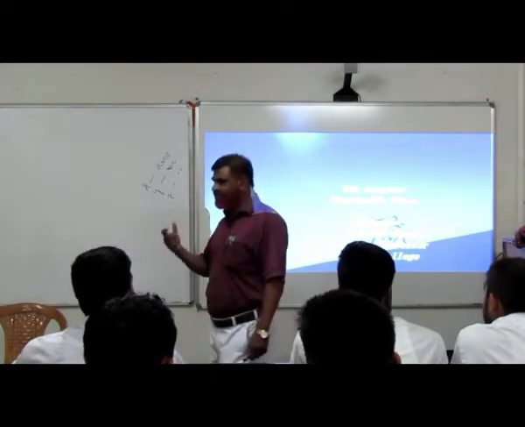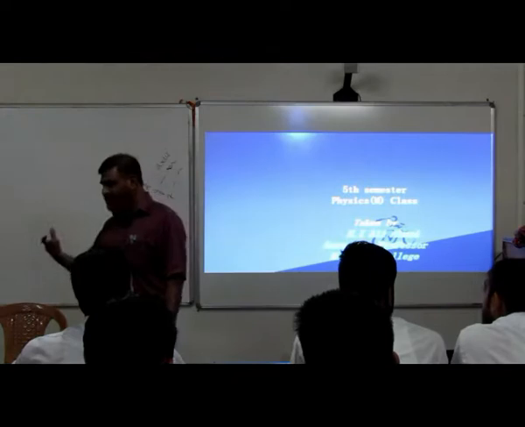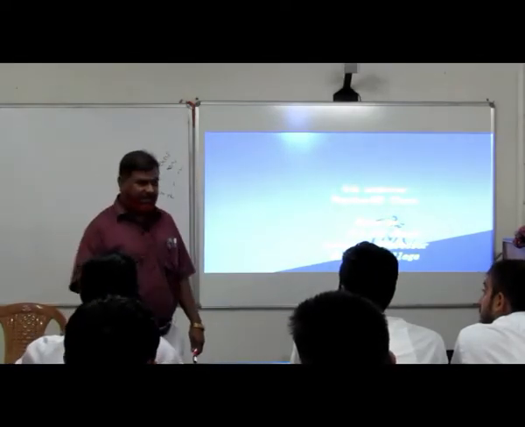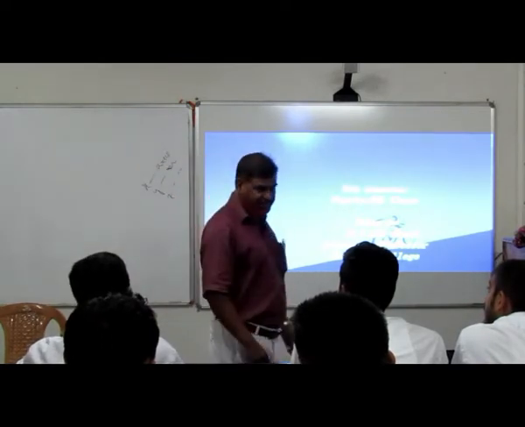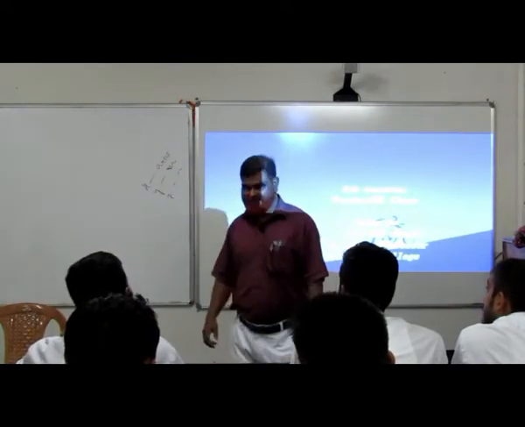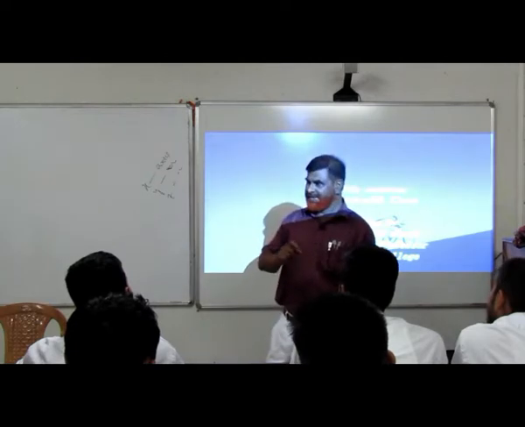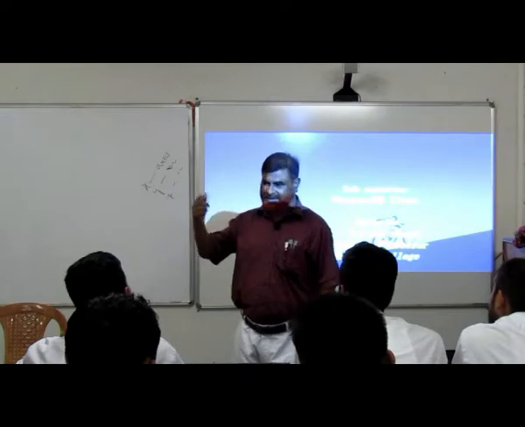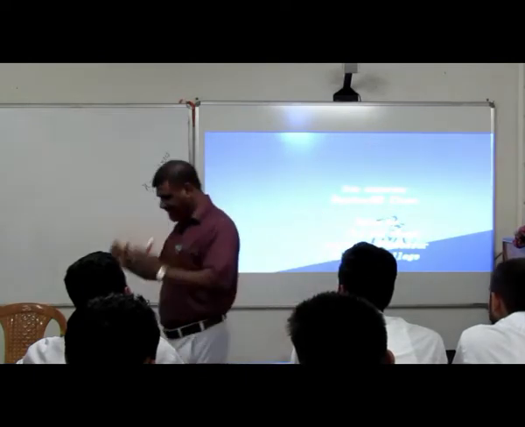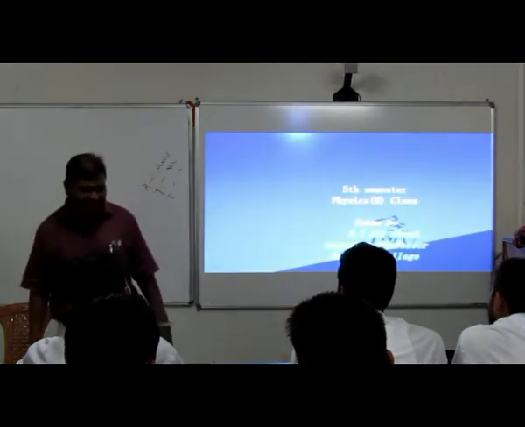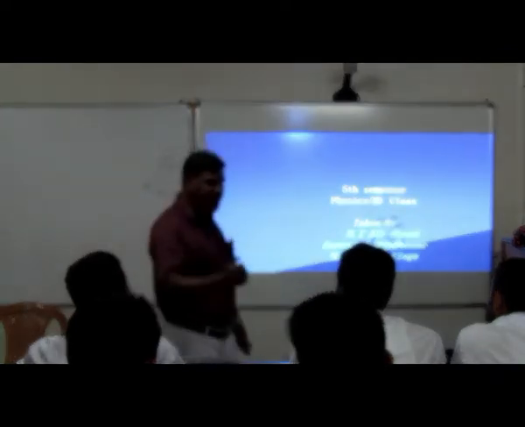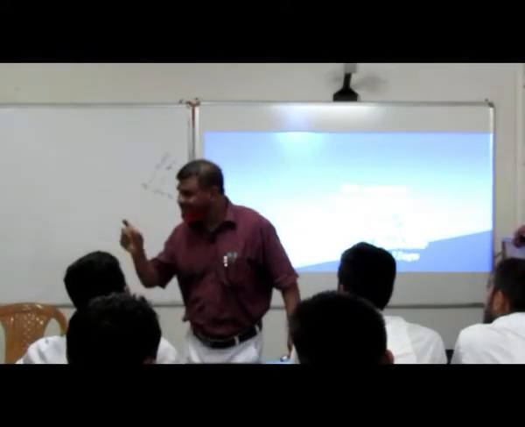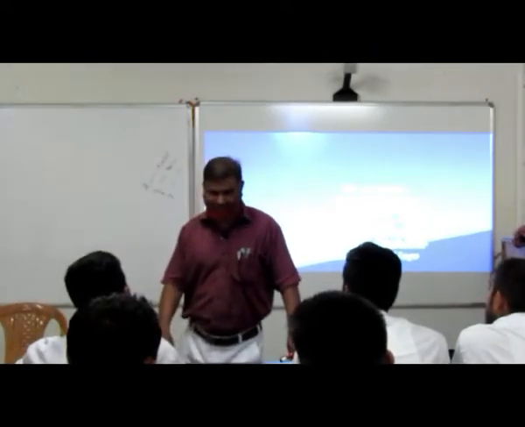Again, to specify an object in space, we require at least three coordinates, say x axis, y axis and z axis. In space, to locate a particle, it requires at least three axes, that is three dimensional axes.